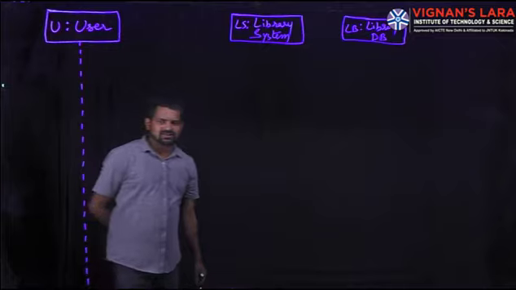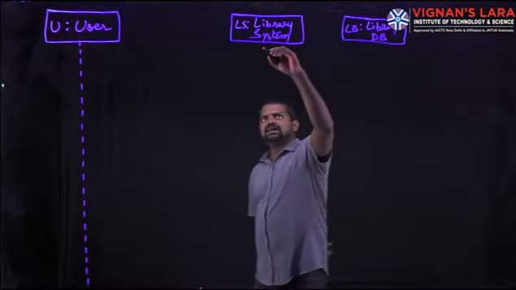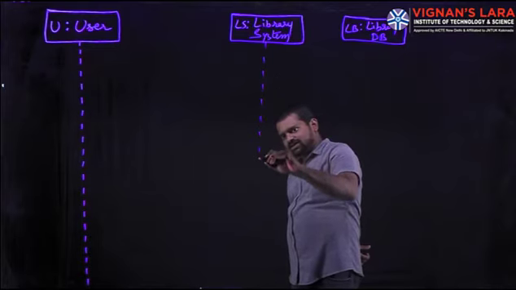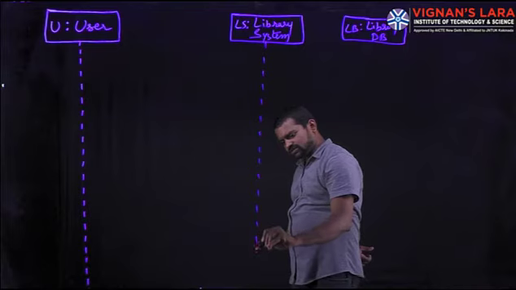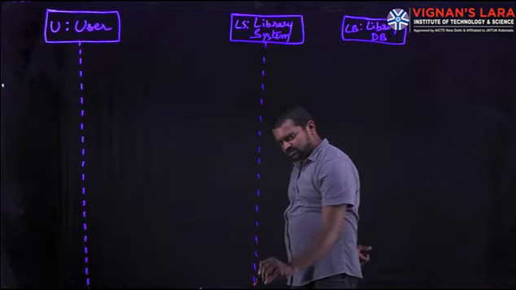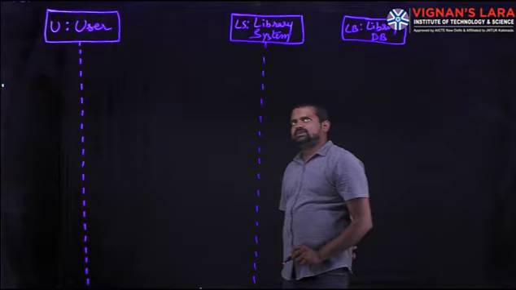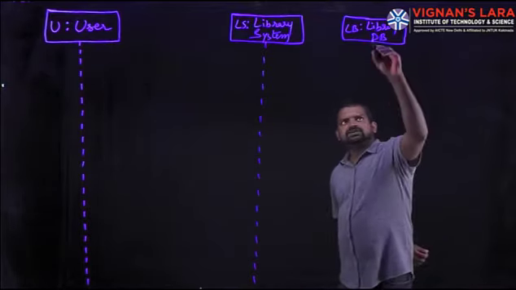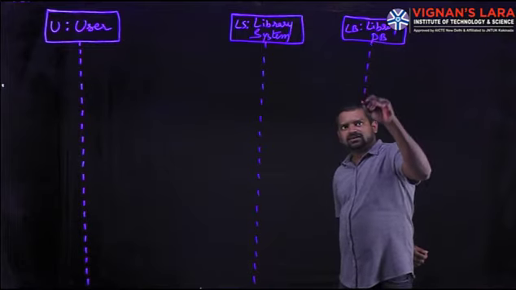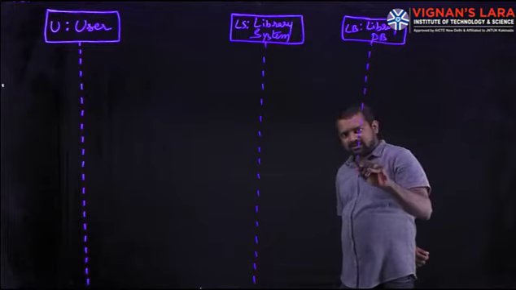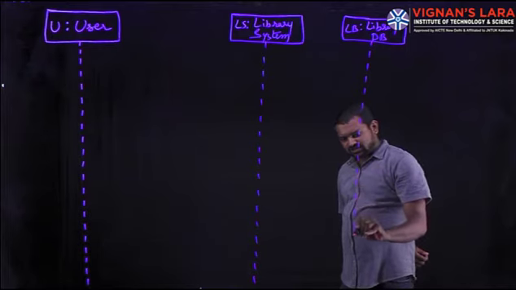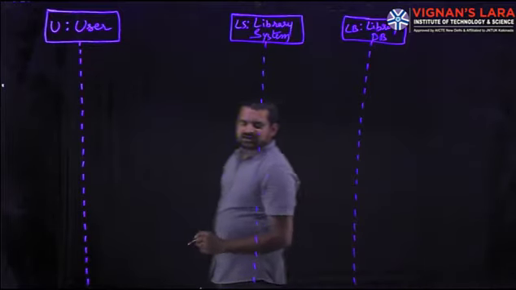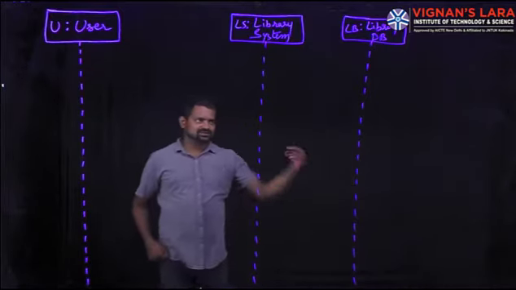This is the lifeline of the object user, and next also you have to draw lifeline of the object library system, and also you have to draw lifeline of the database. Lifeline of the library database. Okay, vertical lines, lifelines. Okay, that will cross somewhere.